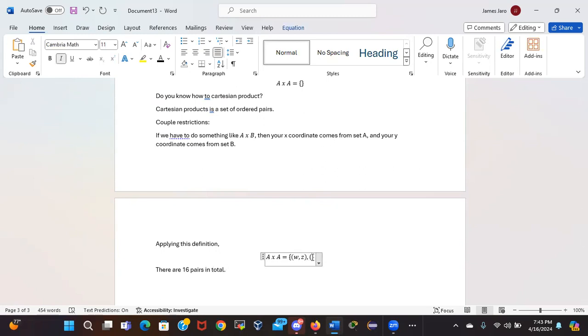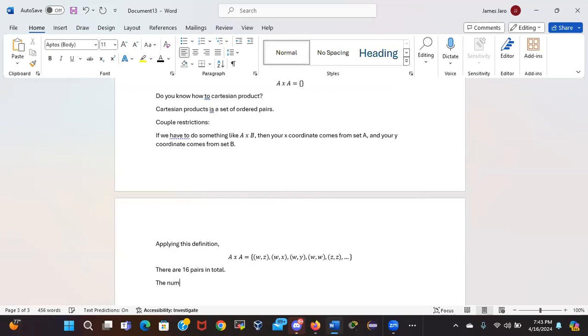I'll write out a couple of them. There would be WZ, WX, WY, and then one more ZZ, and so on. Does that make sense so far? So far so good on how we get all these pairs. Yeah, it's 2 to the n squared.